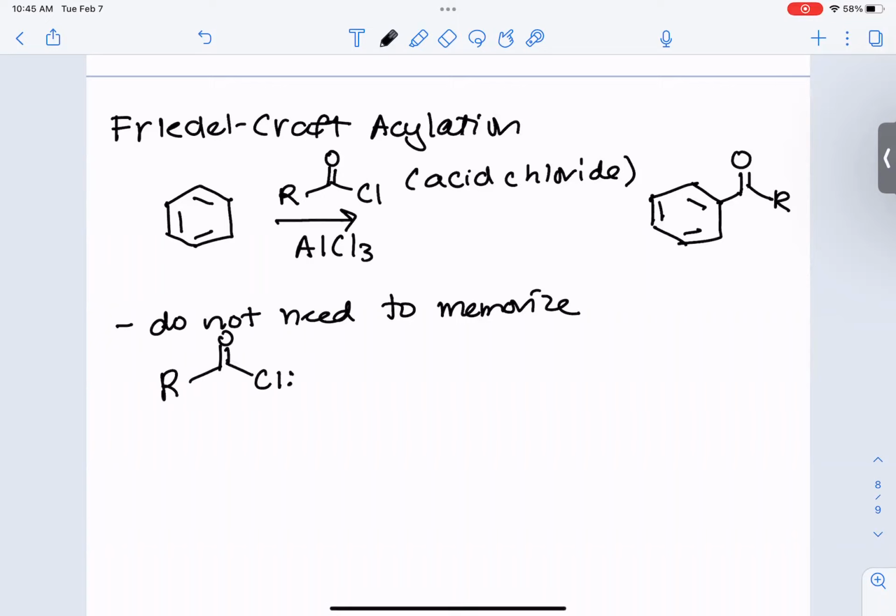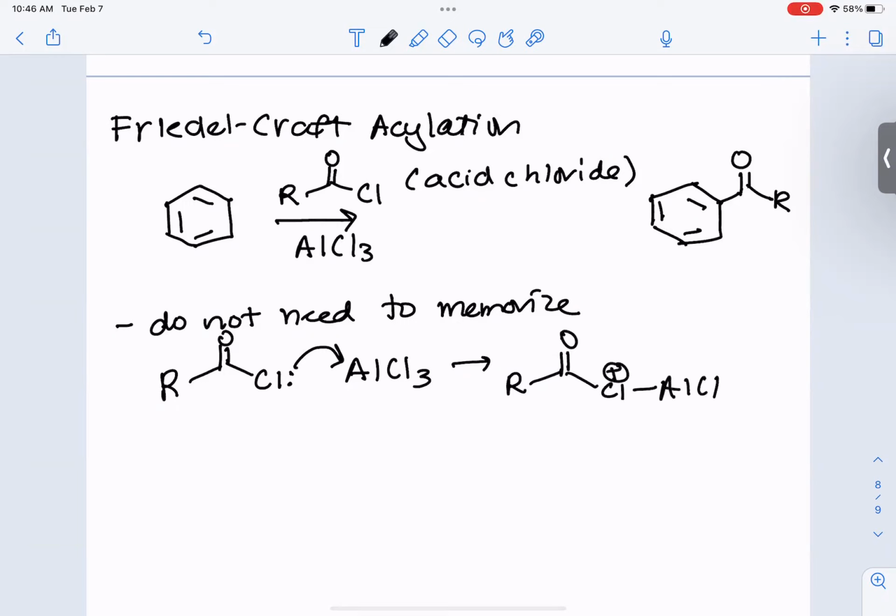Okay, I have that lone pair, similar to what we did with chlorination. On the chlorine, it can donate to the electron deficient aluminum. So this is very similar to what we saw before, all right? But instead of having that second chlorine, I have that carbonyl there.